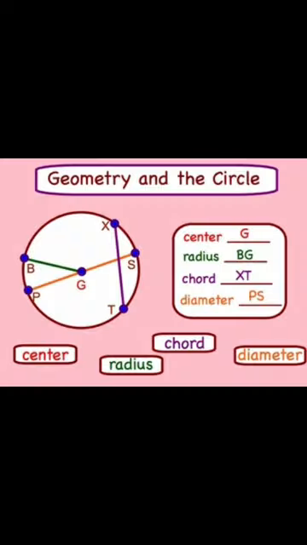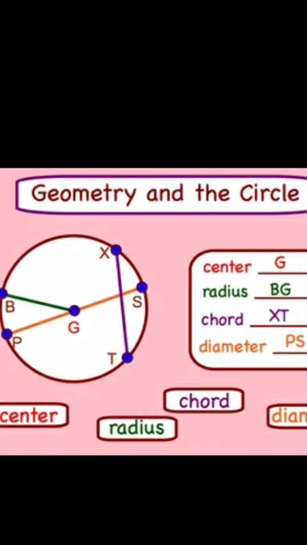So what kind of questions are we going to do in this exercise? Like this. We are given a circle and we have to write its center. Now the center of the circle is G. Very good. Radius PG. This green line is the radius. Next, GP can also be the radius and GS can also be the radius.